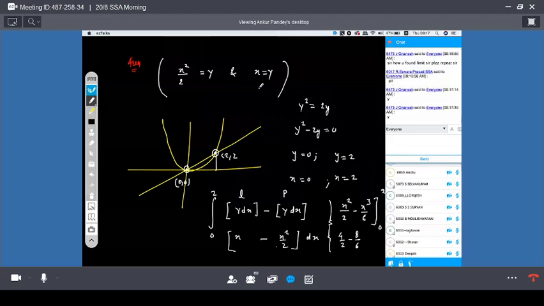So now what we are doing, we are substituting line into parabola. In the parabola, value of line, that is a point of intersection now, common point. So I substitute.